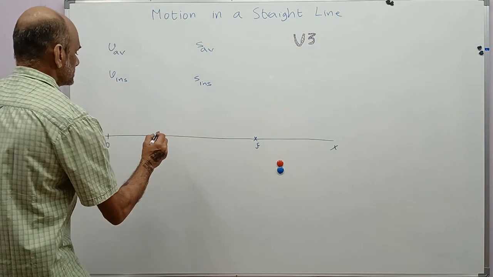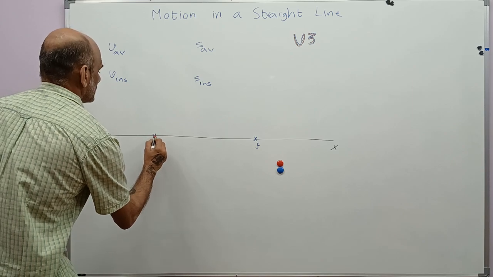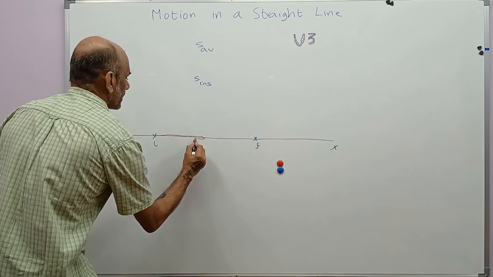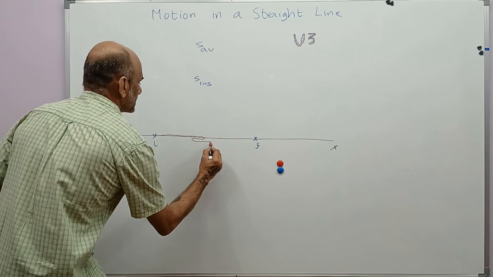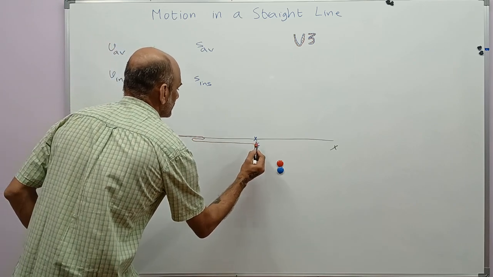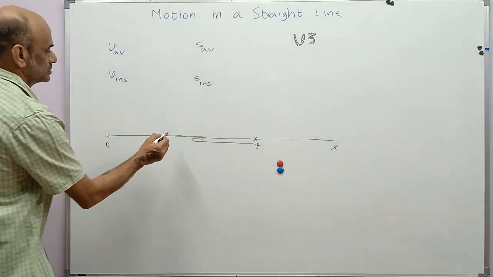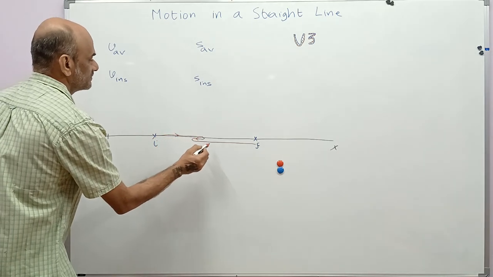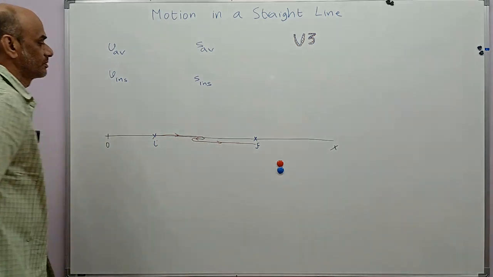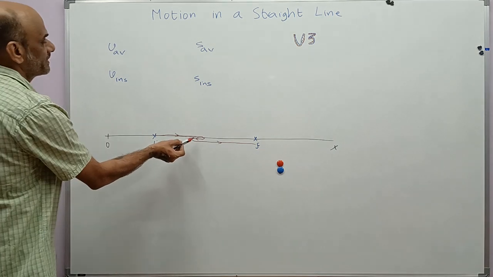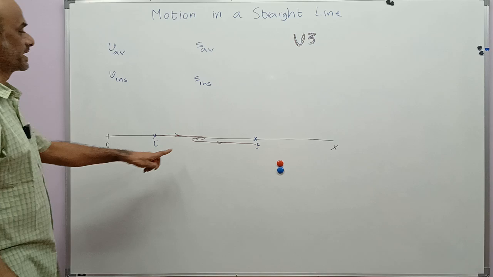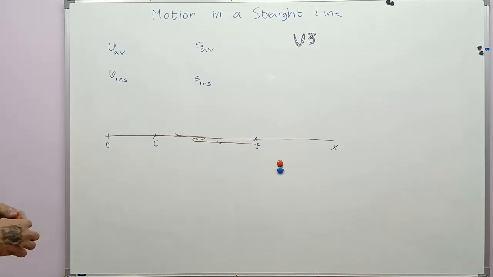One way it can move is like this, and then it can turn back, and then turn again towards the right side and reach the final point. So it's going towards right, turning back towards left, and then again towards right. All these things are happening in one single straight line, but just for the sake of explaining, I have shown some little gap.